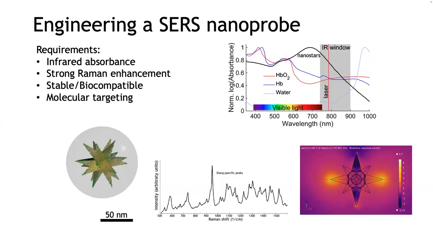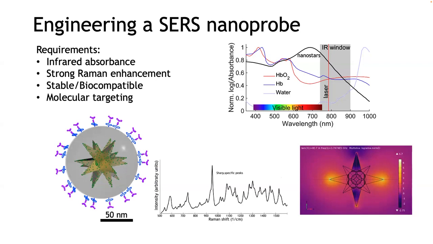So we take an infrared dye, and then we get resonant Raman scattering in addition to the SERS enhancement. So we get a really strong signal. We capture this inside a silica shell, so as to isolate it from the biological medium and stabilize the signal. And then on the silica shell, we can stick antibodies so that we get molecular targeting.